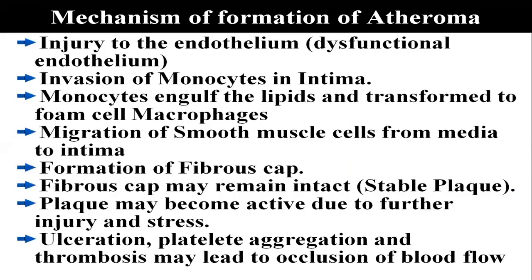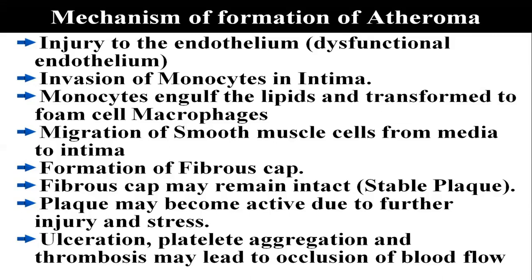So what is the mechanism of formation of atheroma? First, there is injury to endothelium, and then there is invasion of monocytes in the intima. Monocytes then engulf the lipids, and they are transformed into foam cells like macrophages. Then there is migration of smooth muscle cells from media to intima, and there is formation of fibrous fatty cap.